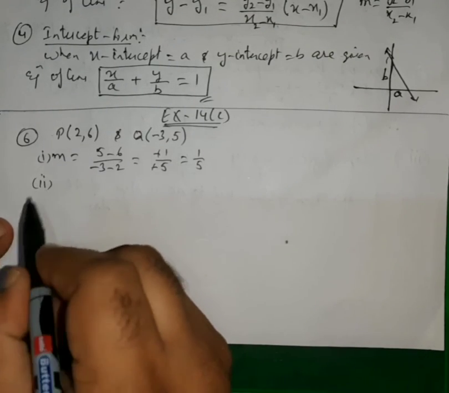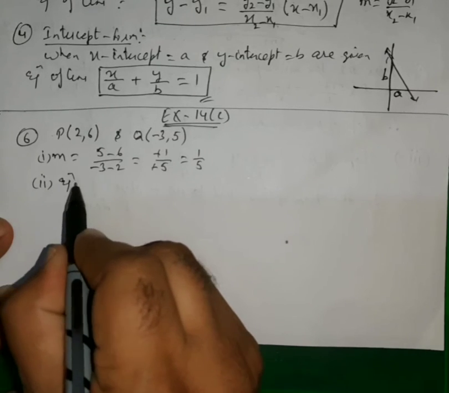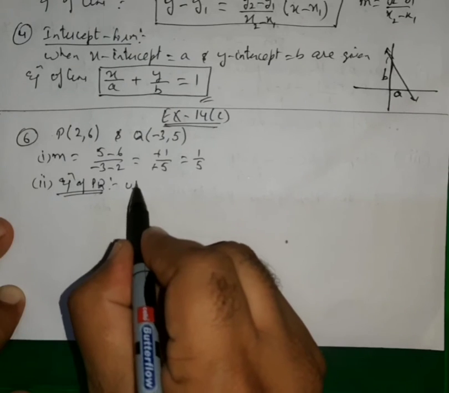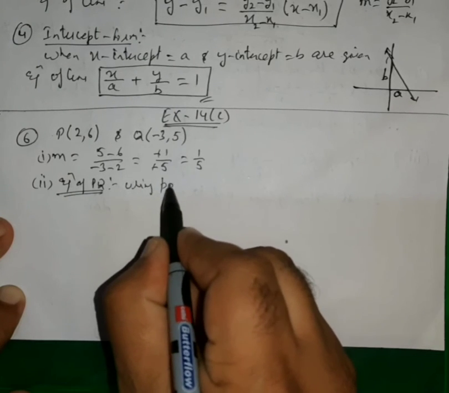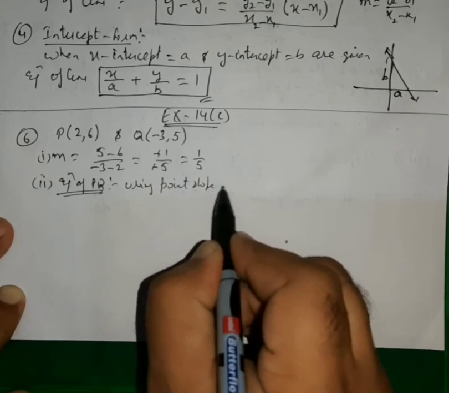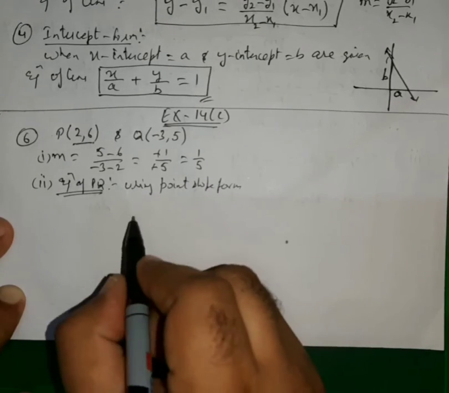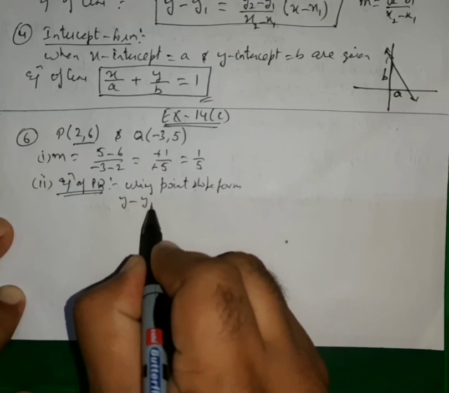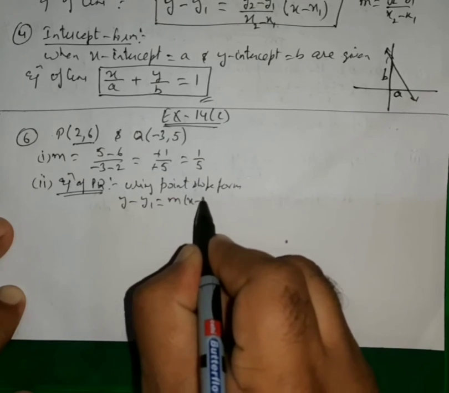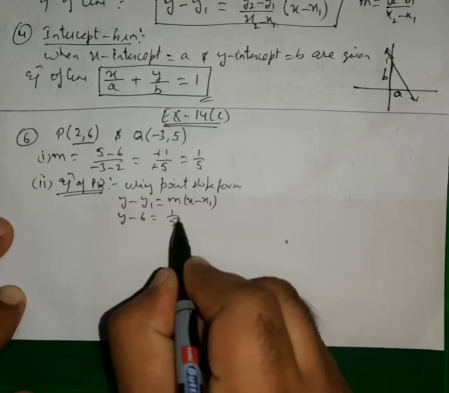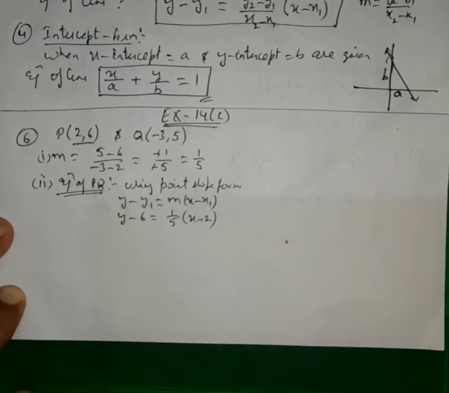Now in the second part, we have to find the equation of PQ. So the equation of PQ can be found by using the point slope form. So here this point is (x1, y1). So I am using now y minus y1 is equal to m multiplied by x minus x1. So it will be y minus 6 equal to 1 over 5 multiplied by x minus 2.